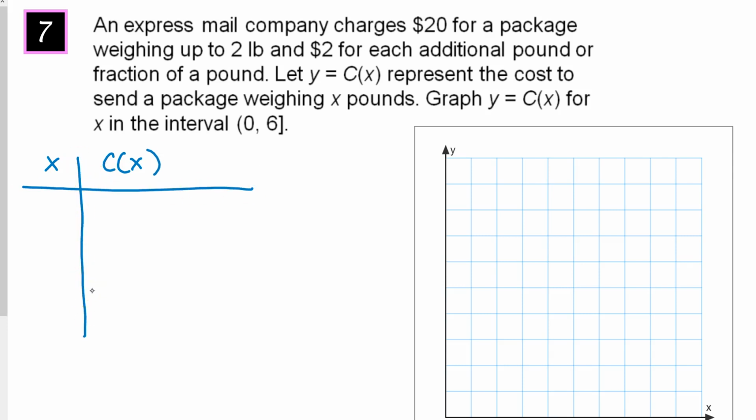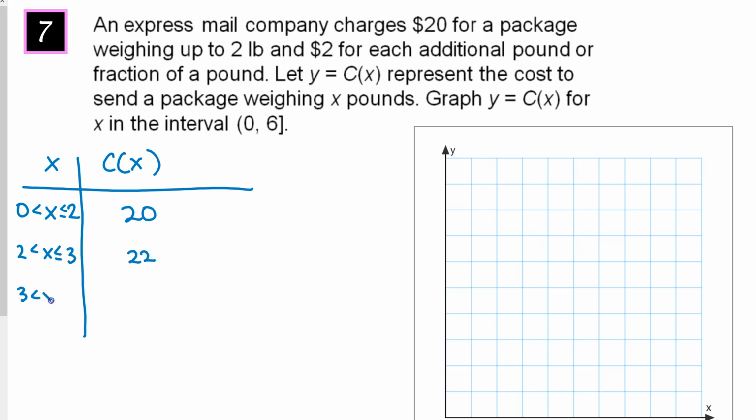So if the package weighs up to 2 pounds, so between 0 and 2 pounds, by the way, I'm not going to include 0 because that would just be a package of nothing, then it costs $20. If the package weighs another fraction of a pound, you have to add $2. So between 2 pounds and 3 pounds, $2 more, so $22.